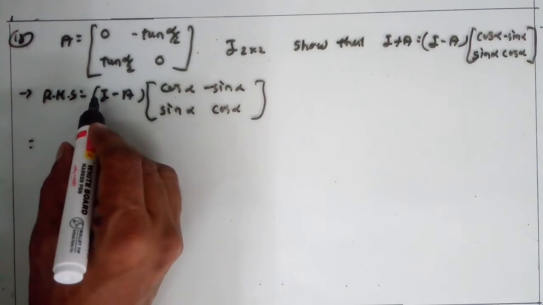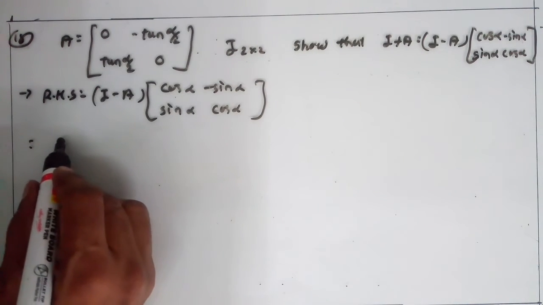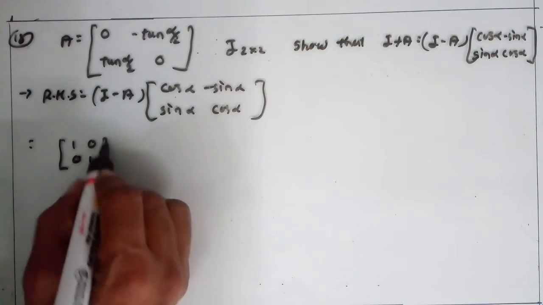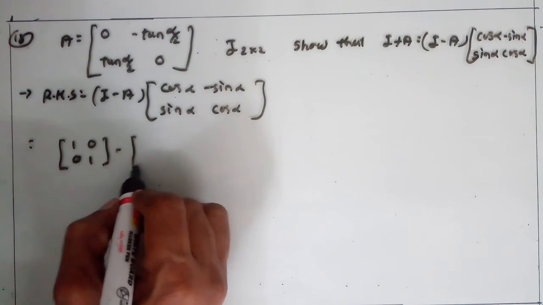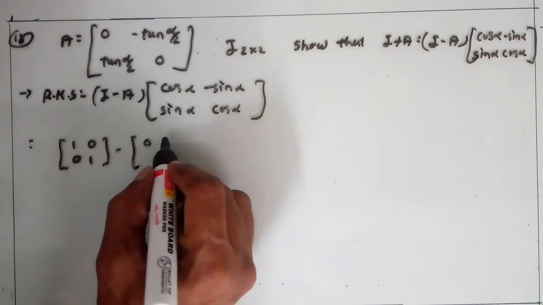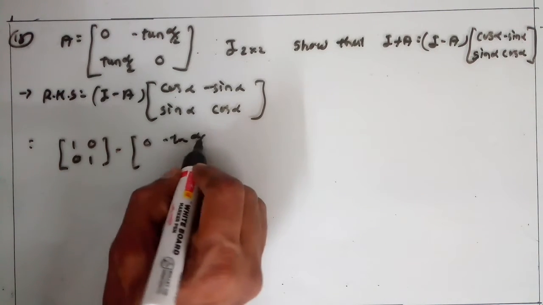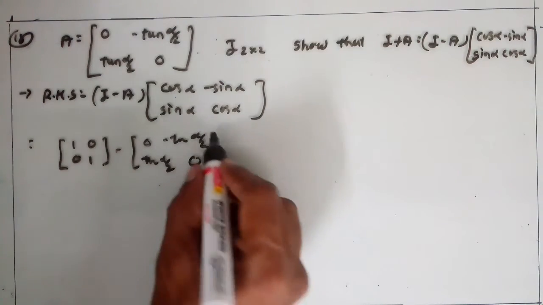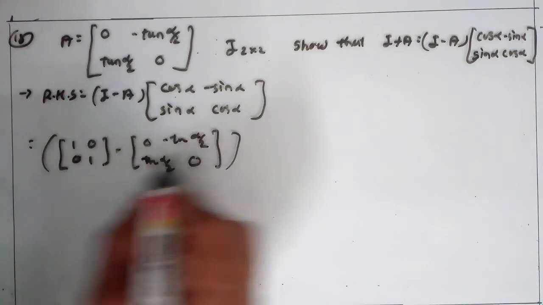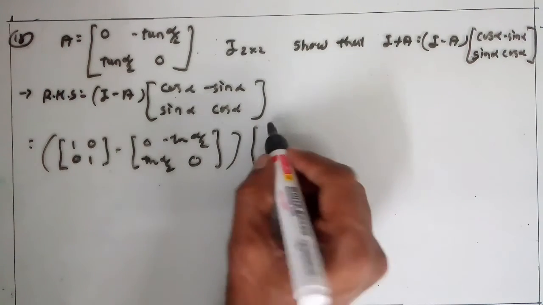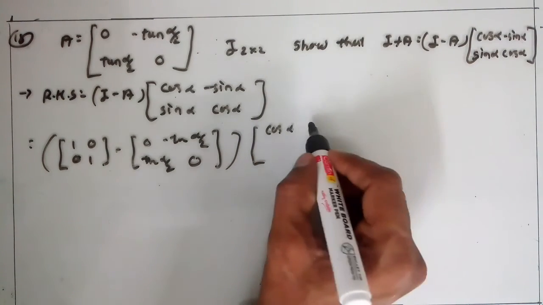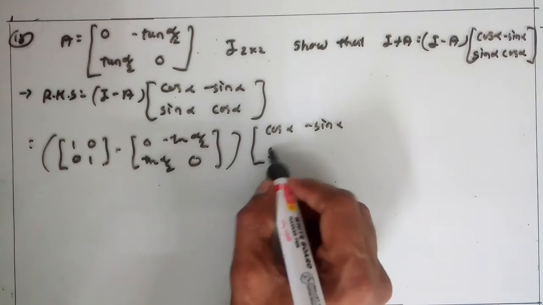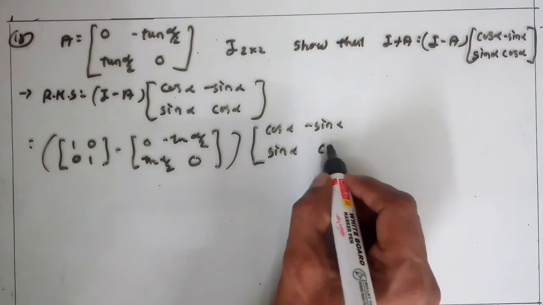I is the second order identity matrix, so [1 0; 0 1] minus A, we have the matrix [0 -tan(alpha/2); tan(alpha/2) 0] into the matrix [cos alpha -sin alpha; sin alpha cos alpha].